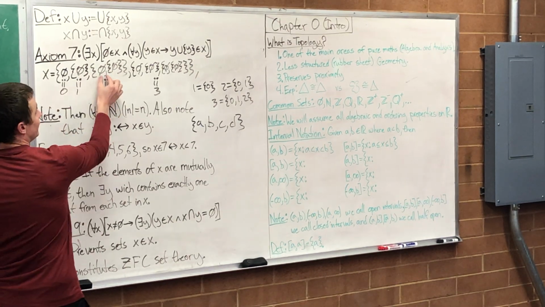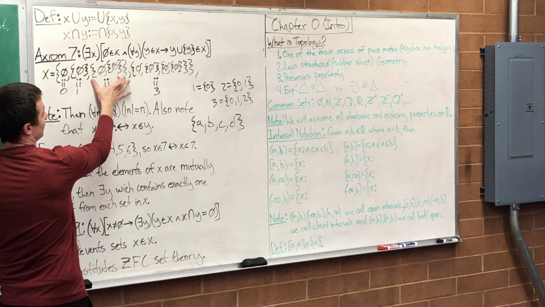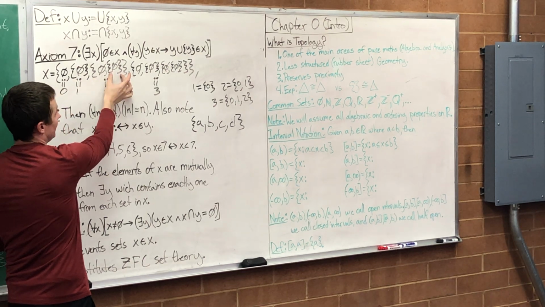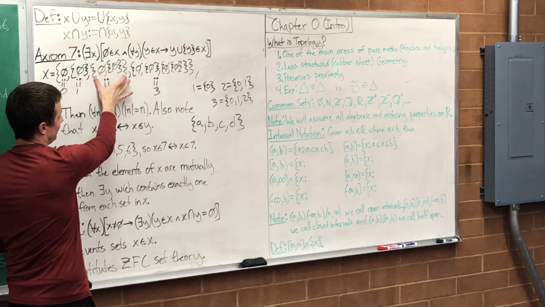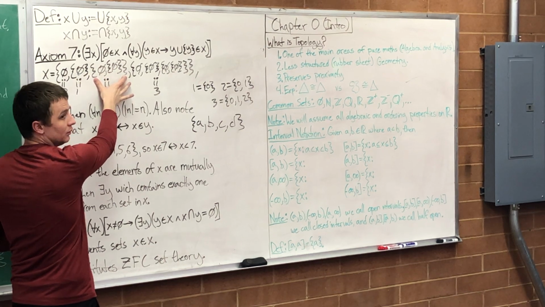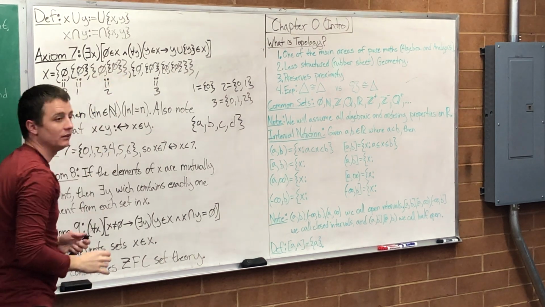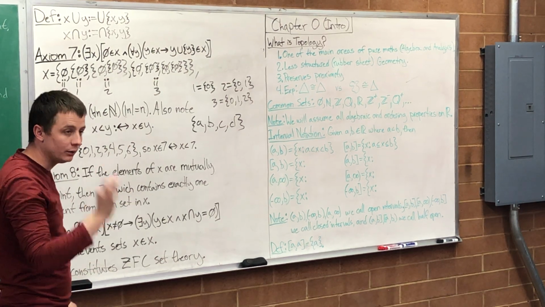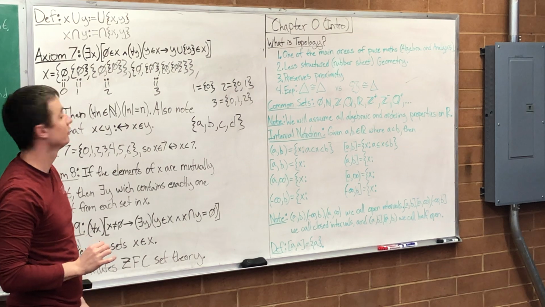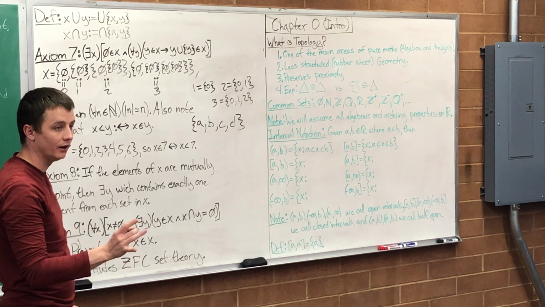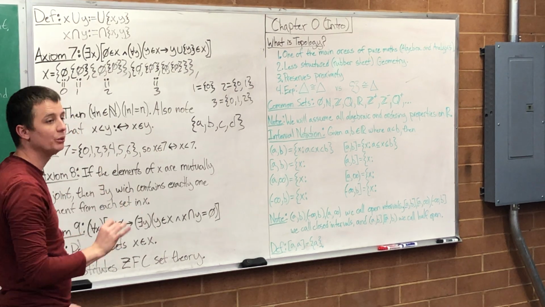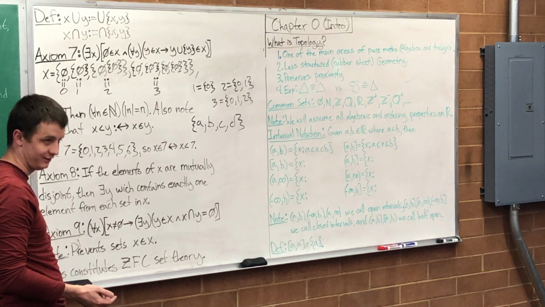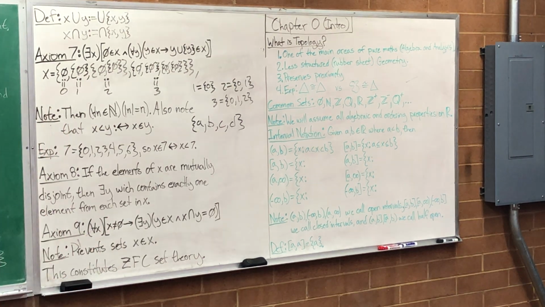If I take this element and intersect it with this set, what do I get? The empty set. If I take this element and intersect it with this set, what do I get? Empty set. In that case, I get the set containing the empty set. Right? So we're not saying if you intersect it with any of its elements, we're saying it always has an element in there, such that when you intersect them, you get the empty set. Does that make sense? Losing you?